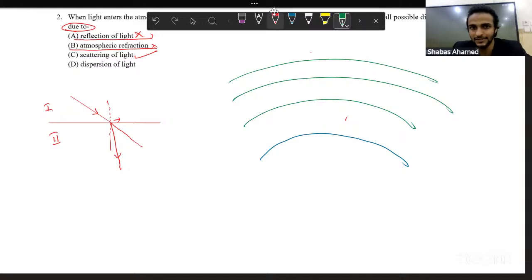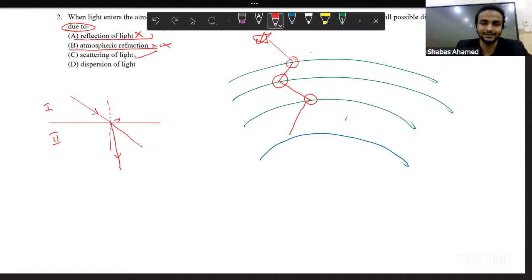Suppose this is a star, or the Sun, and a light ray is coming and hitting one of these layers, and it is going to bend because its refractive index will be different. Again, the light hits another layer, and again another, like that. This refraction on different layers of Earth is called atmospheric refraction.